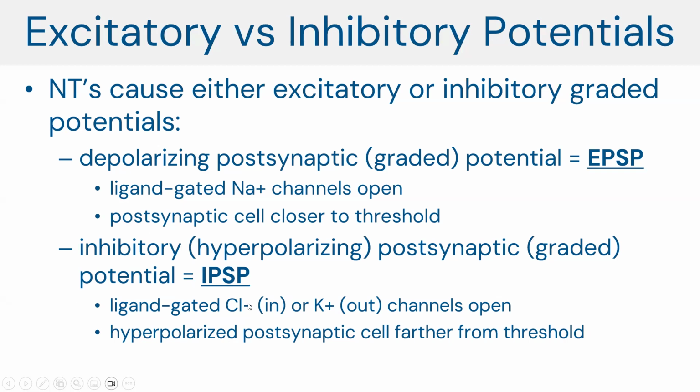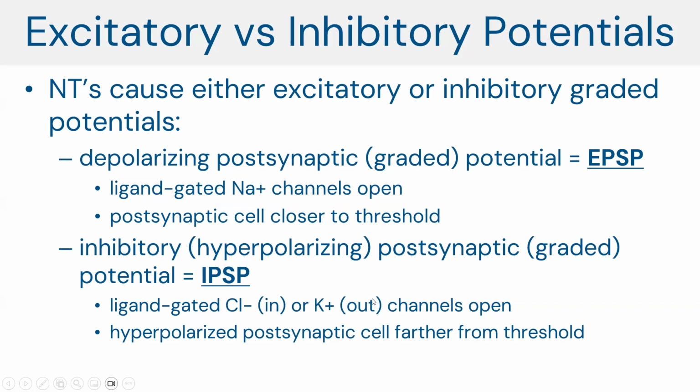And you see here, chloride is an anion, potassium is a cation. So they have different directions that result in hyperpolarization. Remember in our graph, hyperpolarized meant we went farther negative. So knowing what hyperpolarization means should help you remember which direction we're going to go.